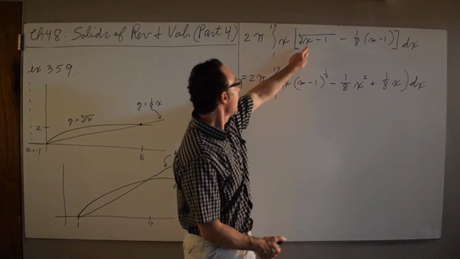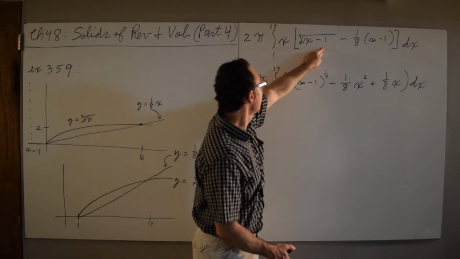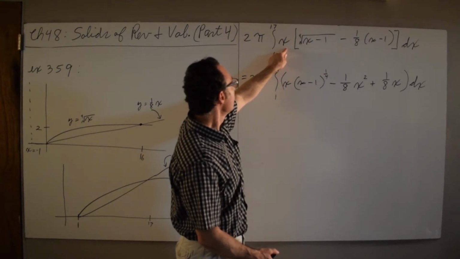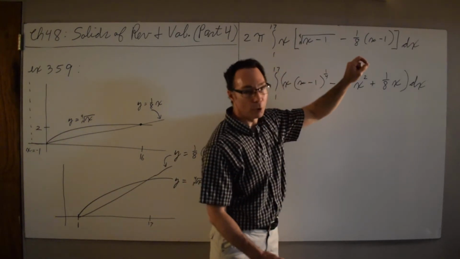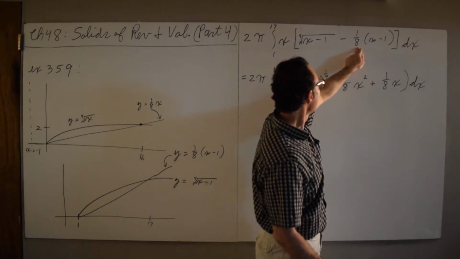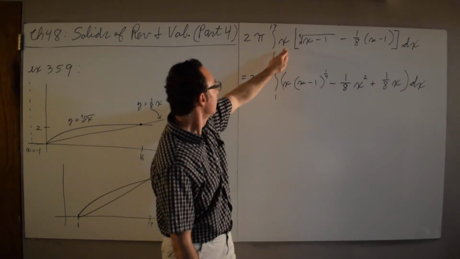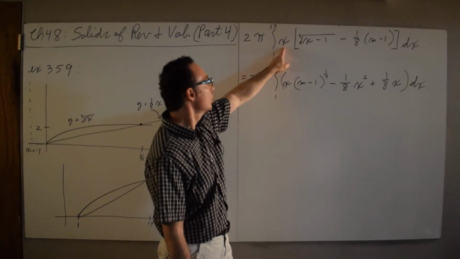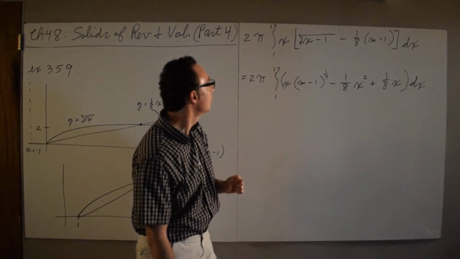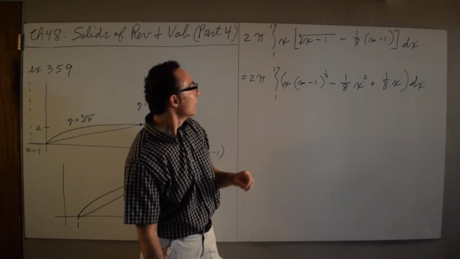So we have our larger object, so we have 2 pi x times this function, and then we have 2 pi x times this function. We factored out the 2 pi. We factored the x out of the functions, but we can't out of the integral. And so it's the same idea.